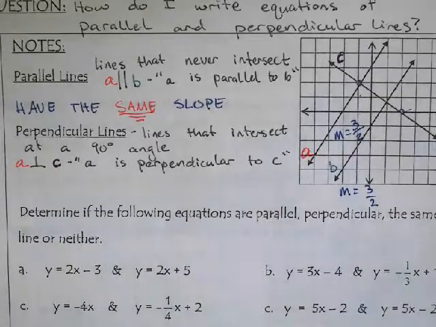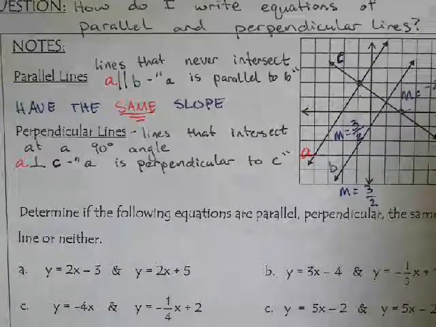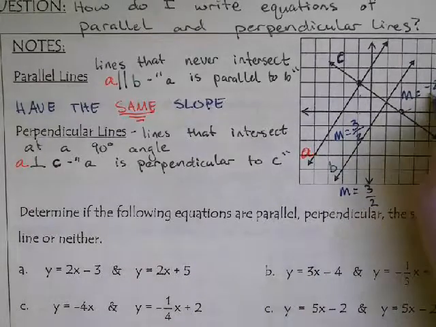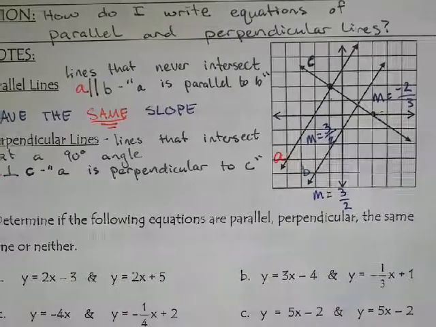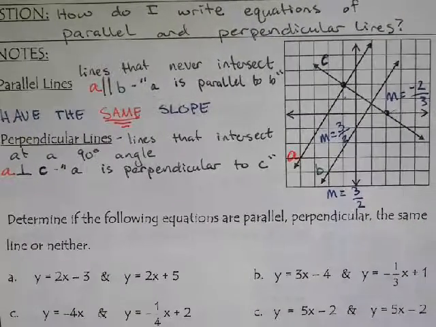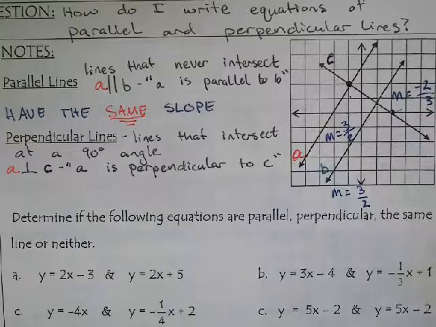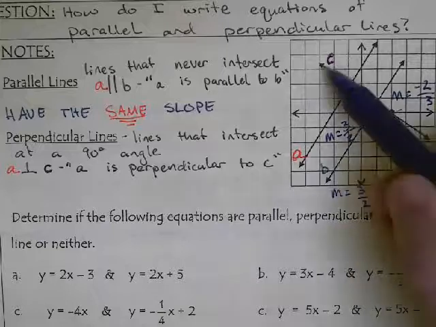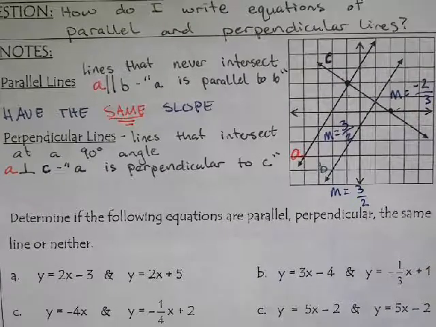So my slope will be -2. So I went down 2 and then I go over 3. 1, 2, 3. So -2 over 3. When I look at these values, the slope of A was 3 over 2, and the slope of C was -2 over 3. What's the relationship between those two slopes?